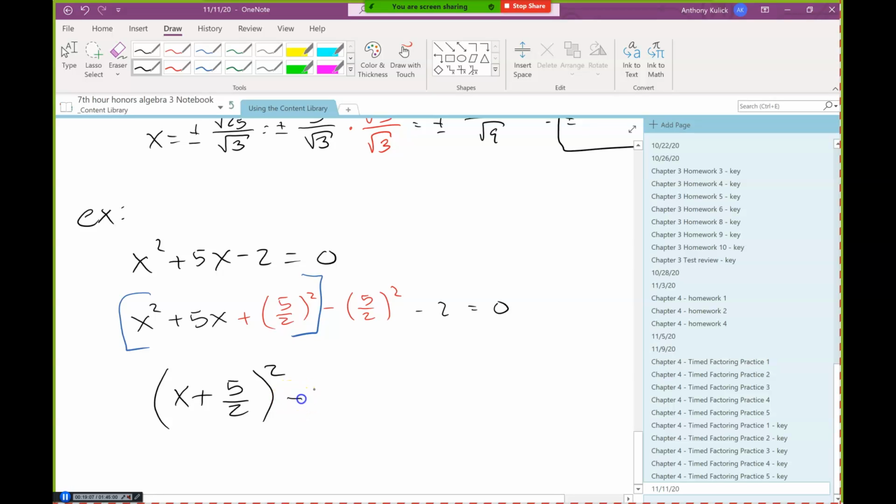So 5 over 2 squared is 5 squared over 2 squared. And then to be able to combine 2 with 25 over 4, I need to have a common denominator. That common denominator would be 4. So the 2 just becomes 8 over 4.